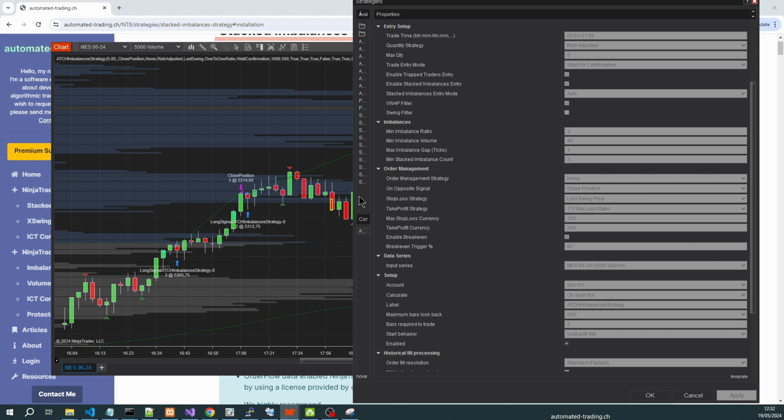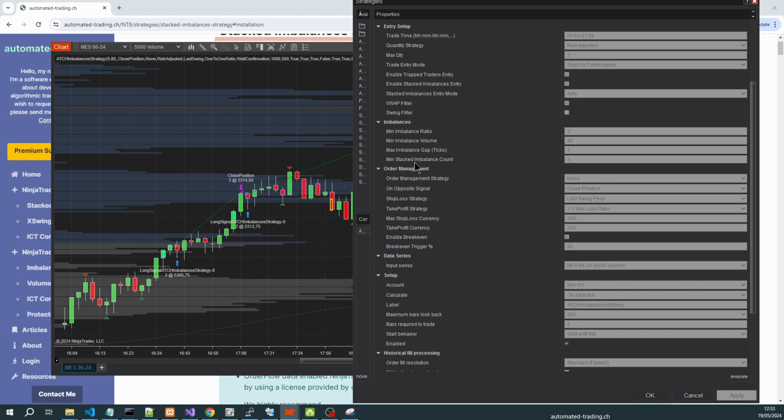For example, for NQ or MNQ, the NASDAQ futures, the value of 1 will not detect any stacked imbalance because the volatility of the NQ is very high, so it's very rare to see perfectly stacked imbalances. So you need to increase this. For MNQ, put the value of 2.